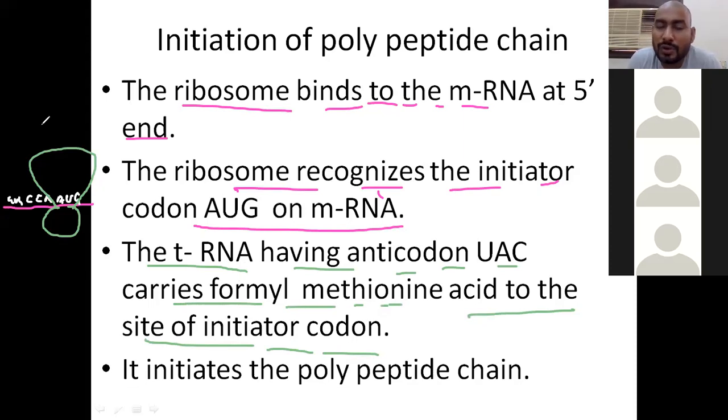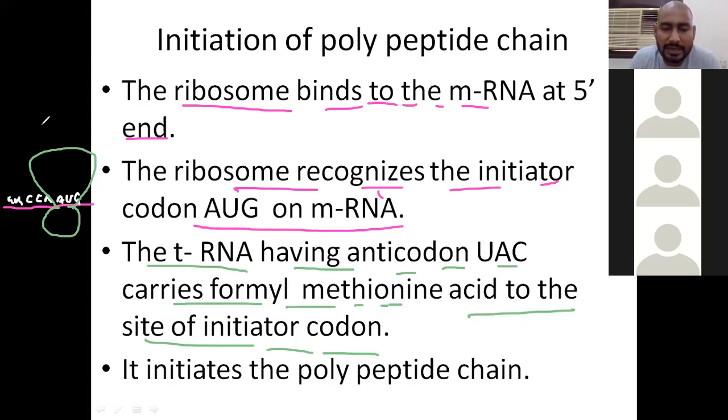Why? Because in eukaryotes, the mRNA molecules have already undergone capping and tailing, meaning post-transcriptional modification has already taken place. So eukaryotes don't have formyl methionine. Formyl methionine is always found in prokaryotes. Clear?